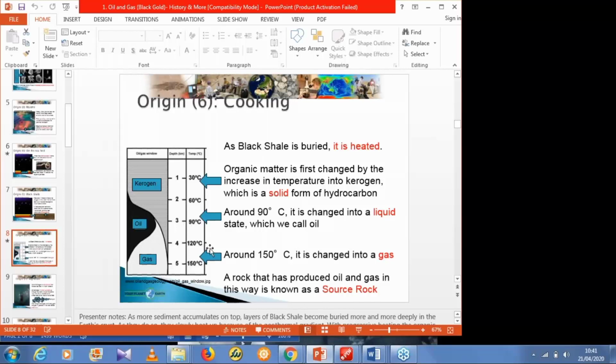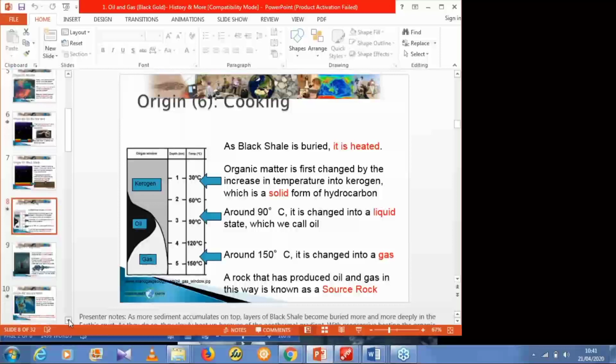Now, the kind of rock that gives us the oil and gas, which is under the seabed, is usually referred to as source rock. I believe you can see on screen from wherever you are.